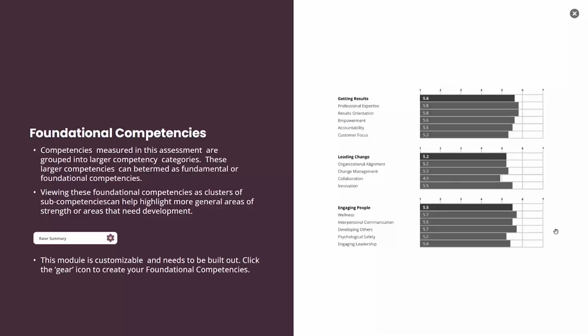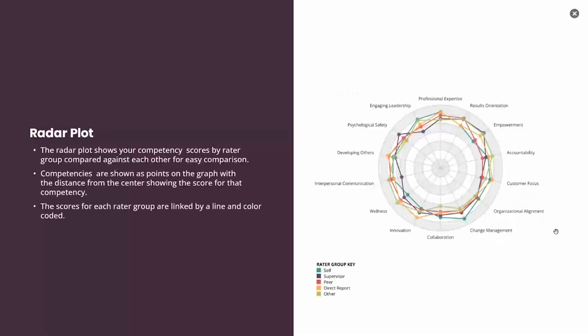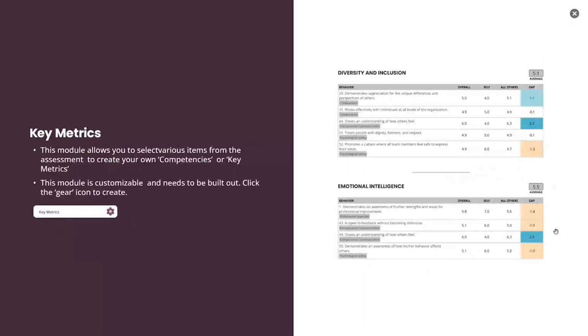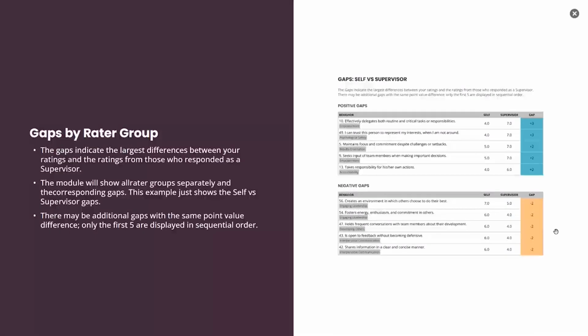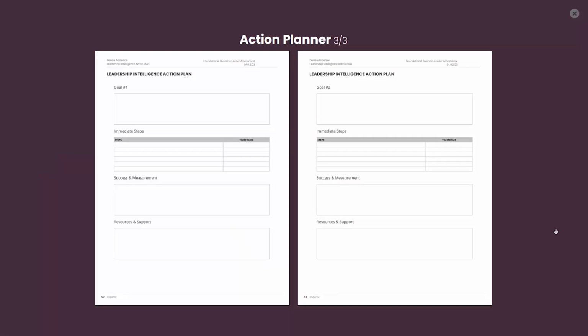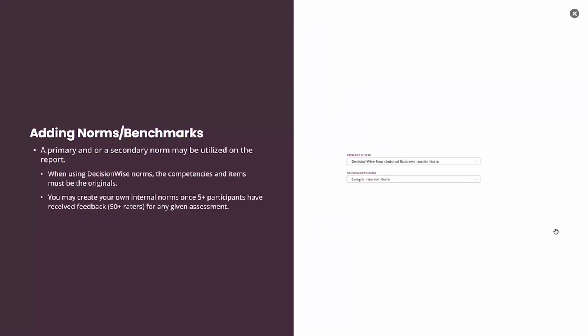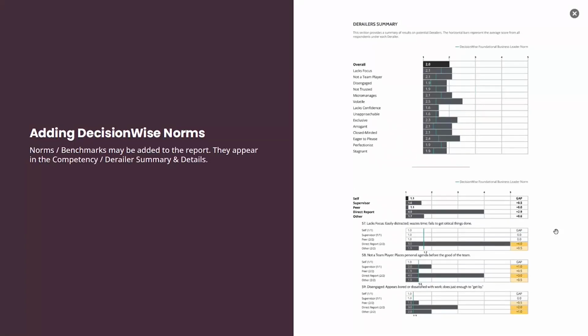It really goes through all of the different modules you can use, so you don't have to guess which ones to use. There are default modules that will be utilized if you don't make any adjustments. I know I'm going quick here, but this action planner is available on the platform in the help site underneath the resources area.